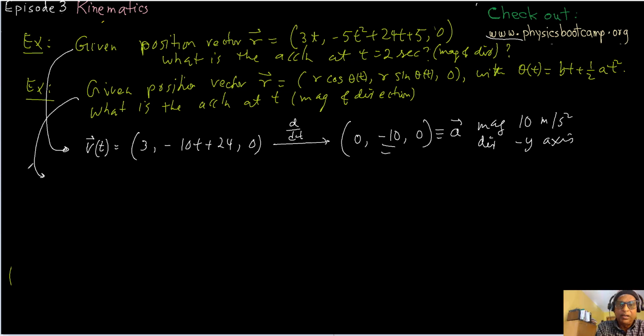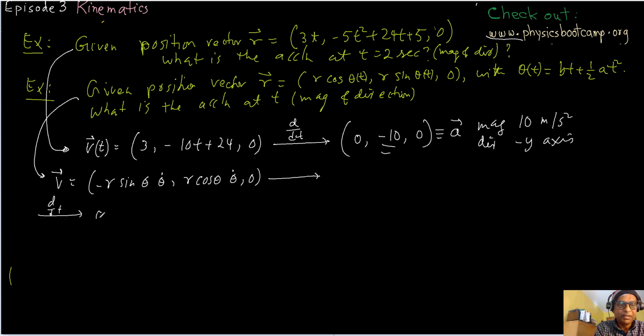Now this one may require a little bit of work. So v was minus R sine theta theta dot, R cosine theta theta dot, and 0, and then I'm going to do d dt again. Let's do it over here.